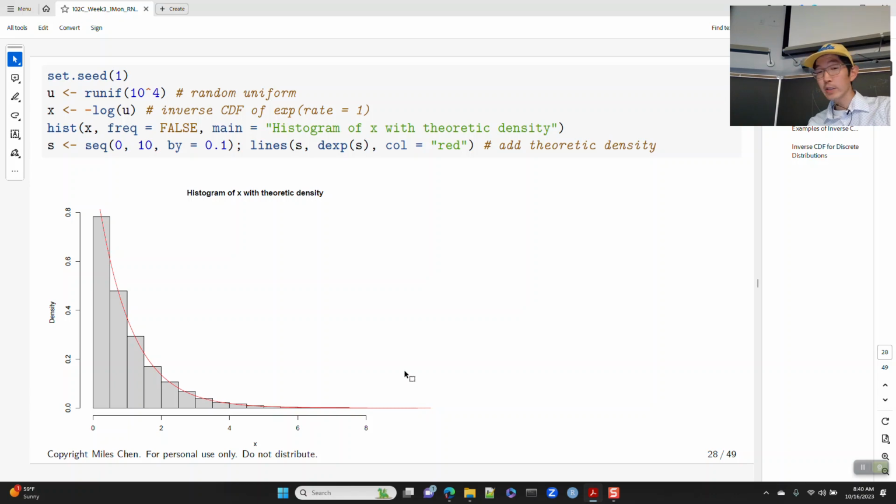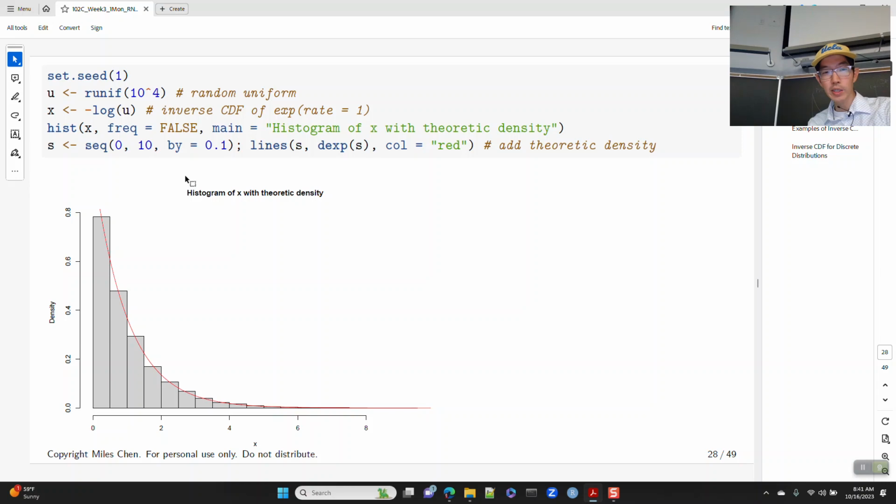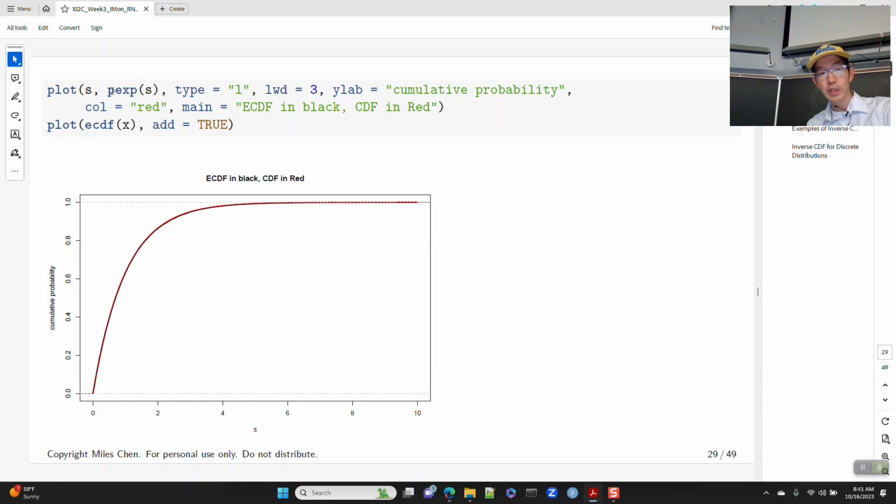exponential PDF there. I can also plot how the CDF compares to the empirical CDF, right? So here I'm plotting my actual values of X, and I'm going to say, give me the empirical CDF, okay?